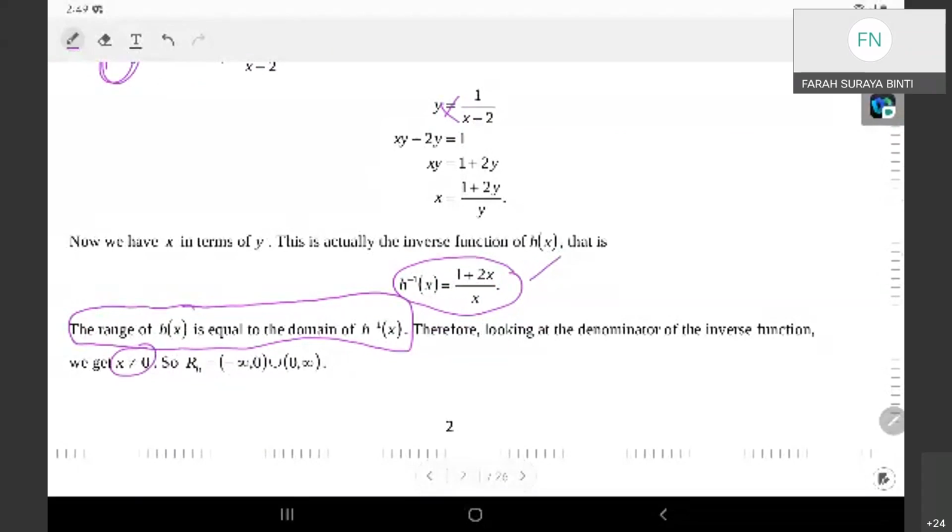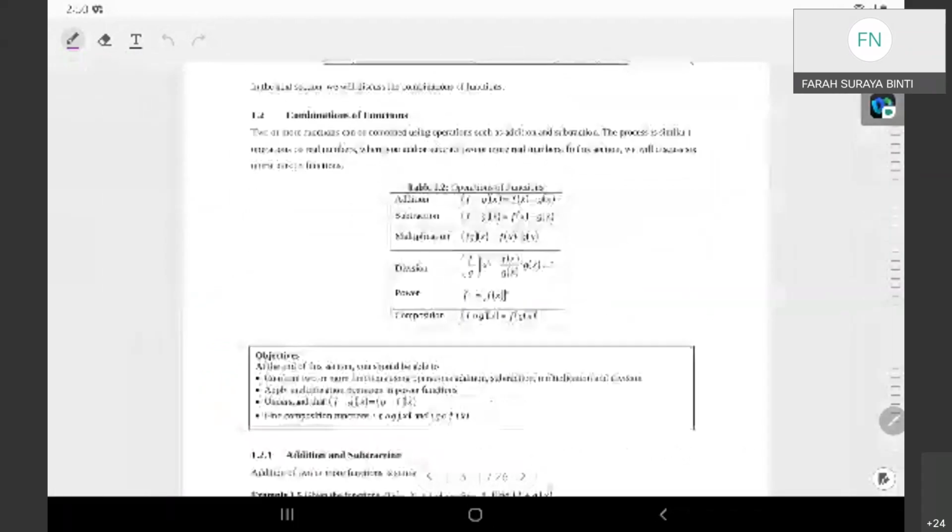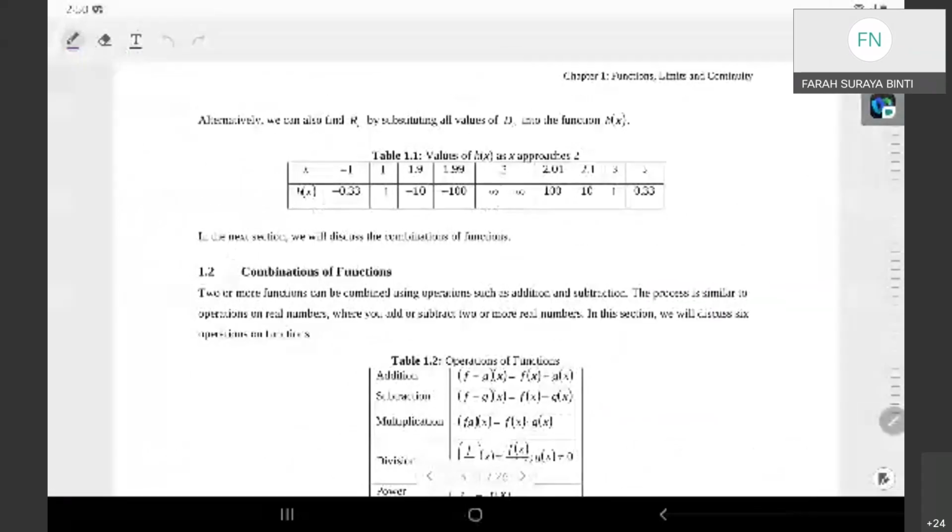So the domain of this function is from negative infinity until 0 and 0 into infinity. So it is equal to the range of the original function. Okay, so kita dah dapatlah range dia. Okay, ini konsep asal.